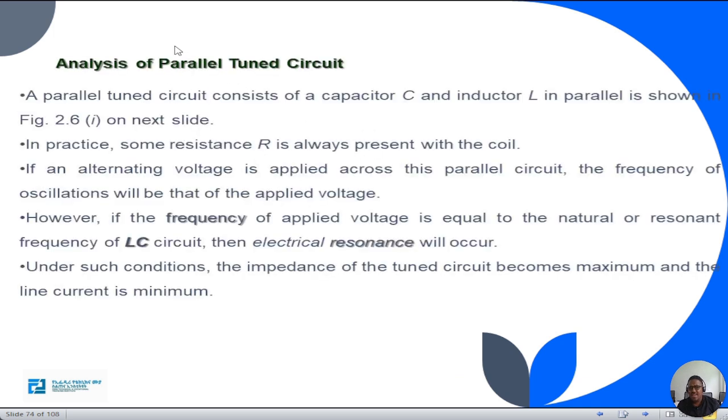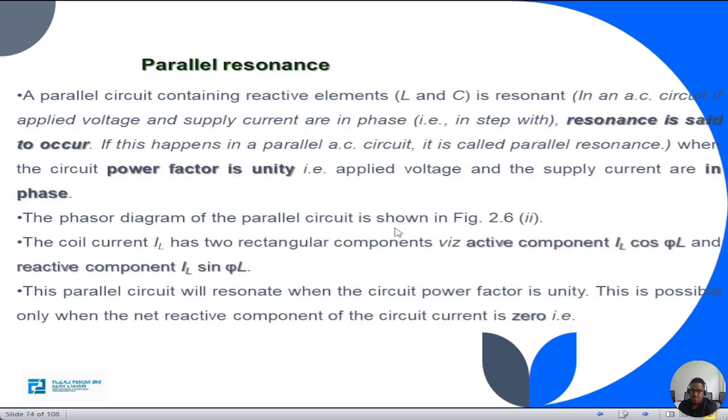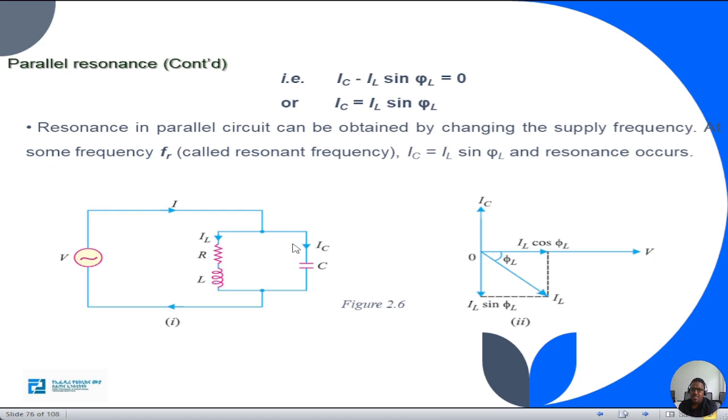So let's analyze the two types of tuning circuit. One of them is the parallel tuning circuit. How do we analyze a parallel tuning circuit? A parallel tuning circuit consists of a capacitor and inductor in parallel, as shown in the figure below.